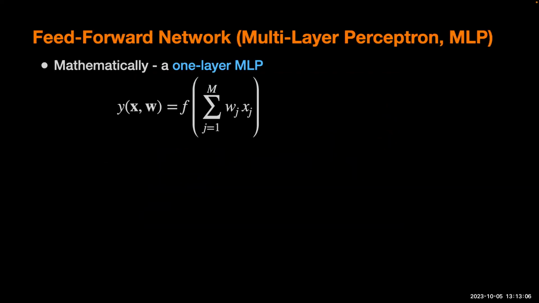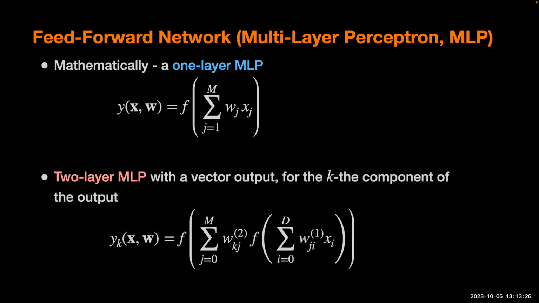So mathematically speaking, for one layer, it's just saying that for individual input X, I allow that to shift and stretch, and then I apply some nonlinear function F. F here can be the sigmoid function. This itself is not that expressive, but I can make it more expressive.